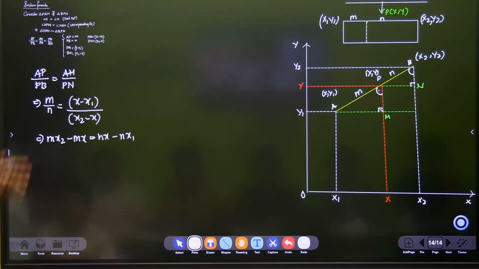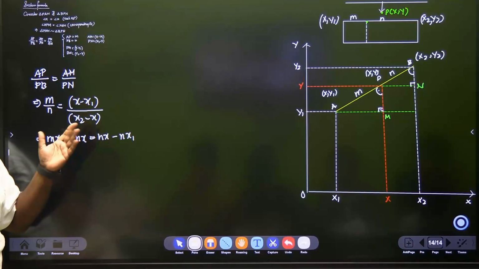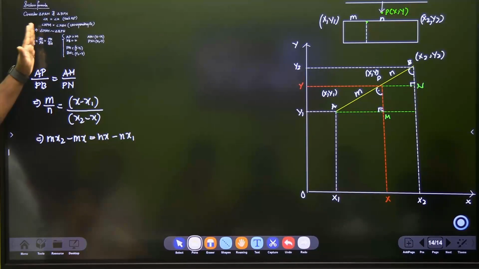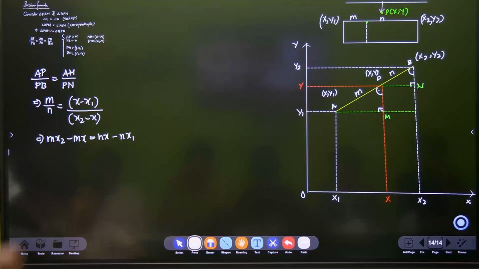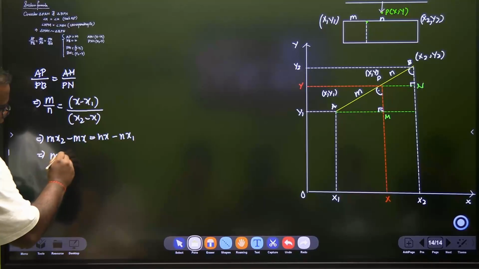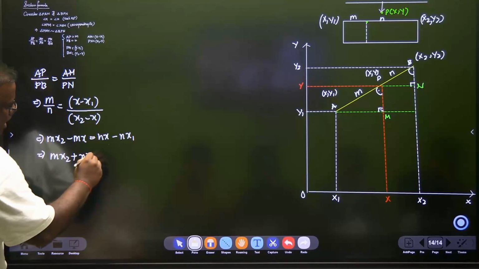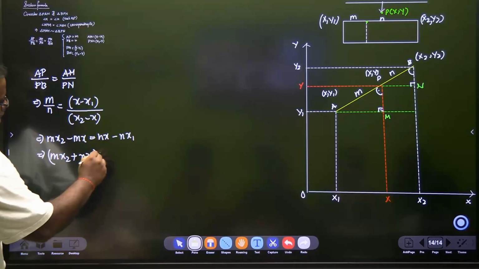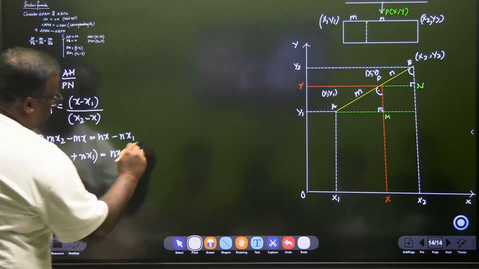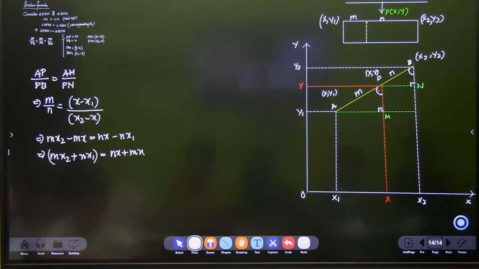अभी और फिगर नहीं चाहिए, फिगर का काम हो गया, अभी सिर्फ यहां देखते रहो. From figure whatever we needed we have got. Have you understood? तीन इक्वेशन है ना, so I have taken left and middle, right? My job is to get the value of x. So can I write MX2 plus NX1 is equal to NX plus MX? Can I write this? NX plus MX इसको इस साइड ले गया, ठीक है.